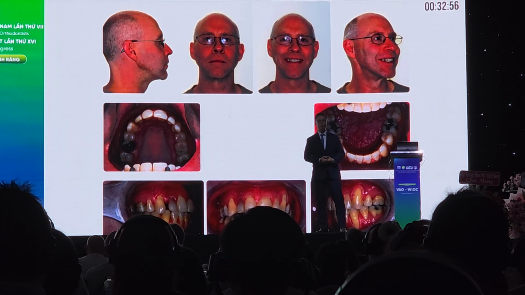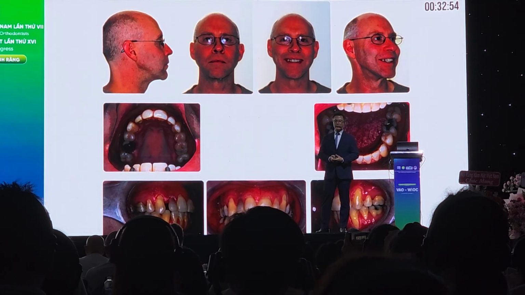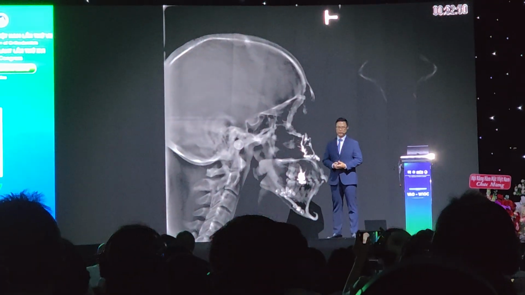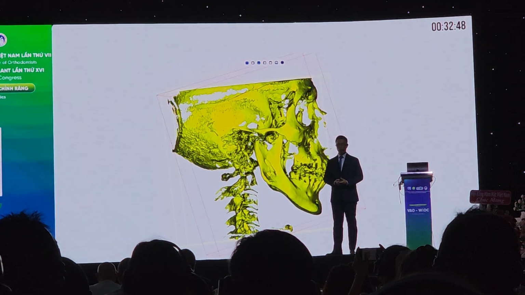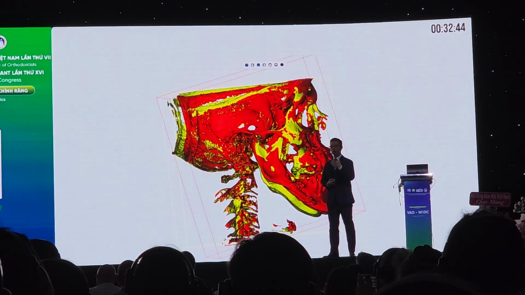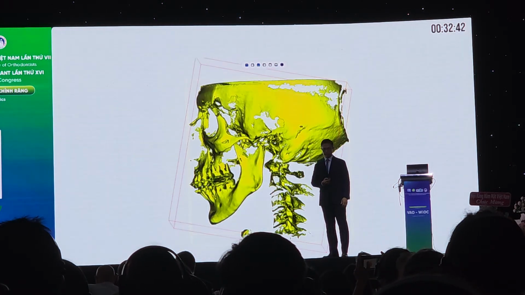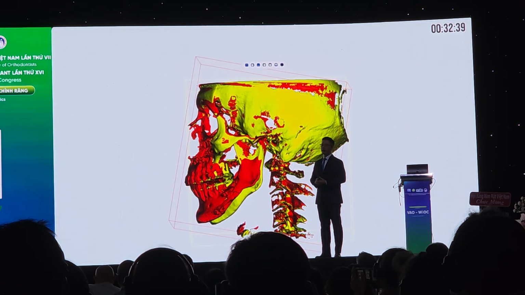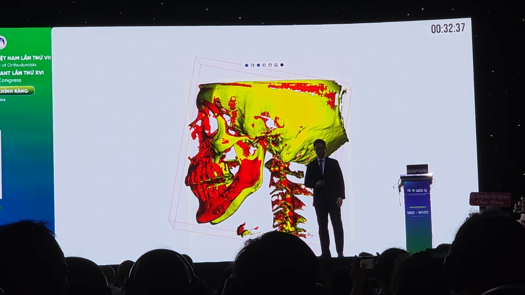And he has much more balance. And his body looks good. And this is after the surgery. And before cone beam and after the cone beam, you see how much of the lower jaw advancement we did. From the other side, we have counterclockwise rotation. We brought the lower jaw and upper jaw forward.